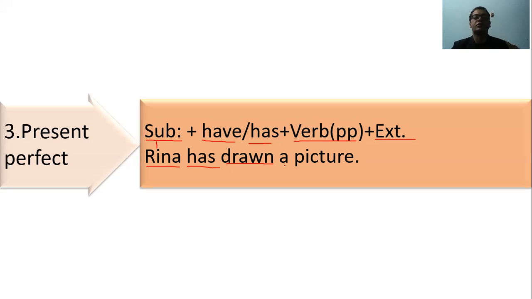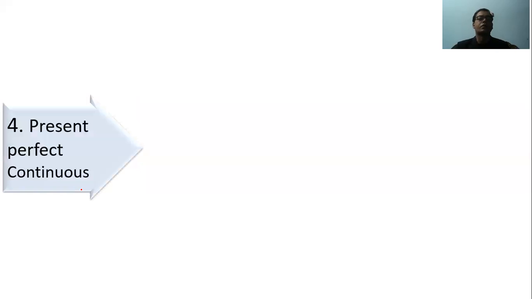So drawn means the verb form of past participle. Then you have to use here an extension or object.